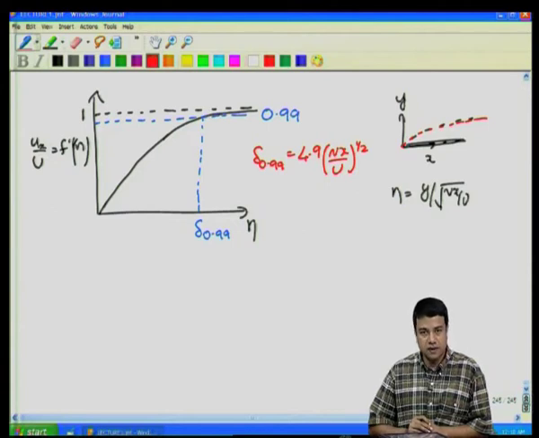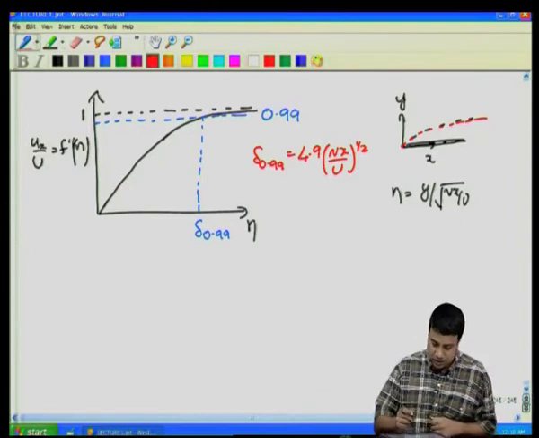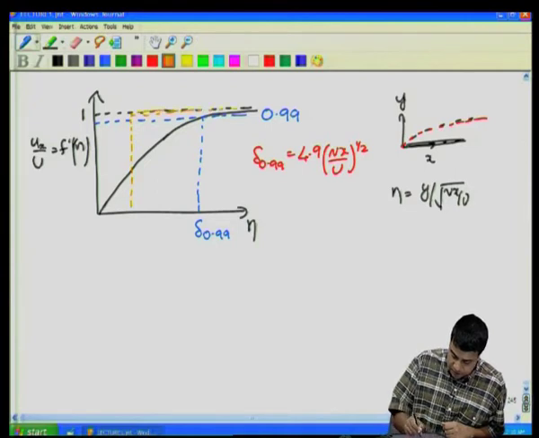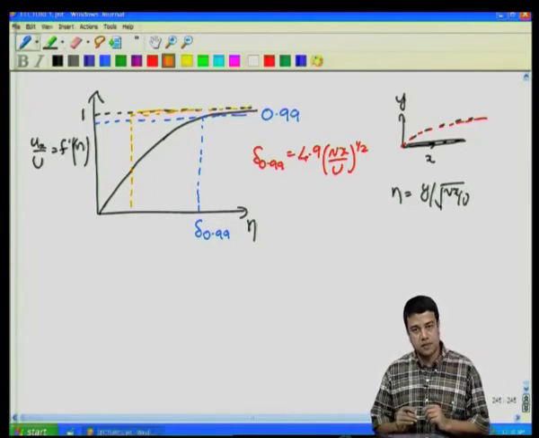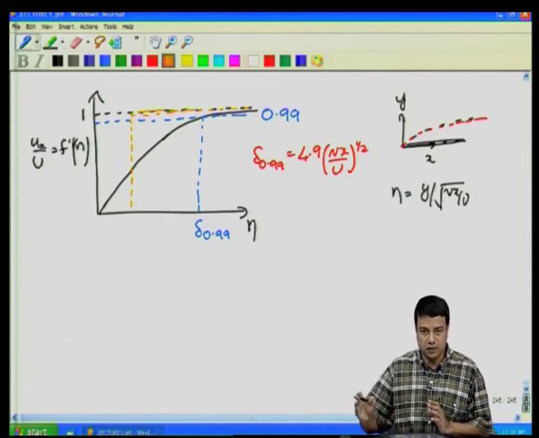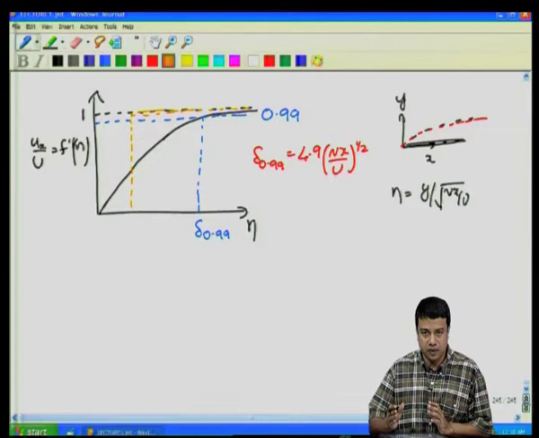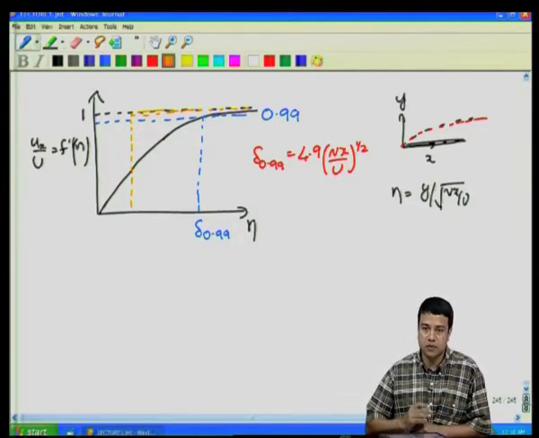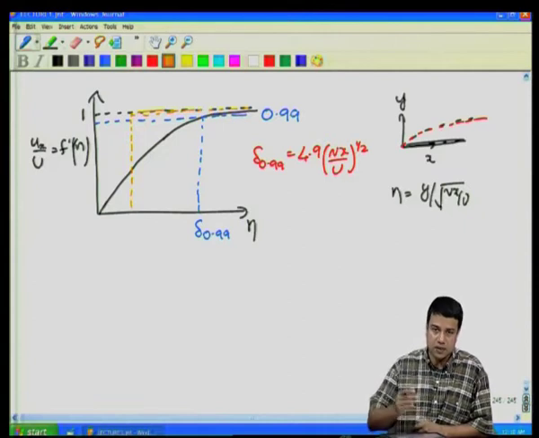I had also defined a displacement thickness for you in the last lecture. The displacement thickness is the thickness by which you have to displace the boundary layer in order to get the exact same flow. Now, the potential flow solution basically will tell you that the flow rate across any surface along the y axis is going to be equal to the density times the mean velocity times the distance.